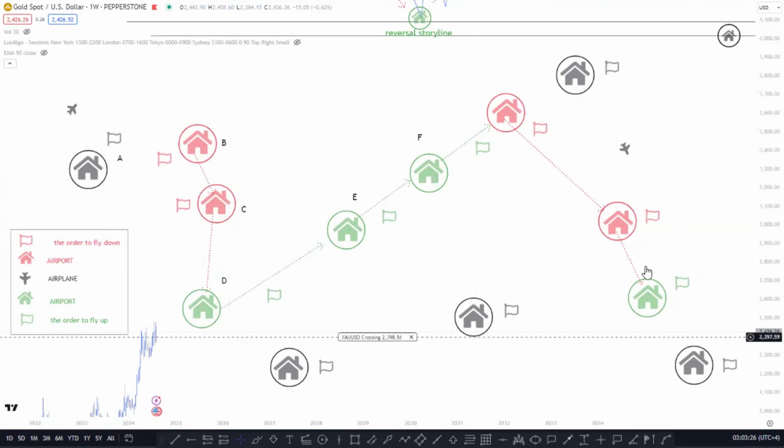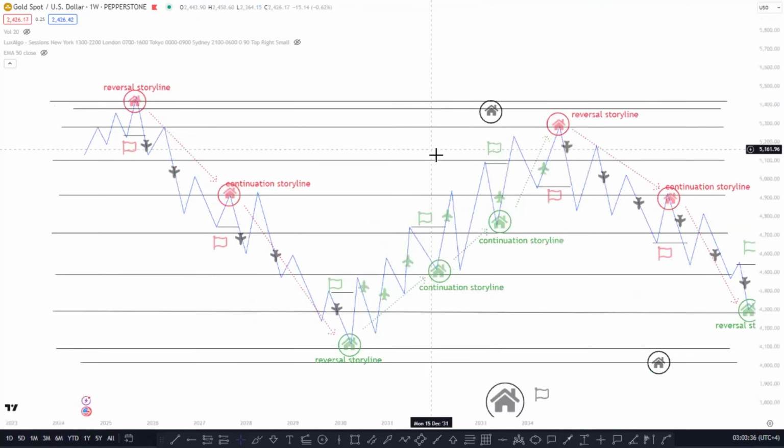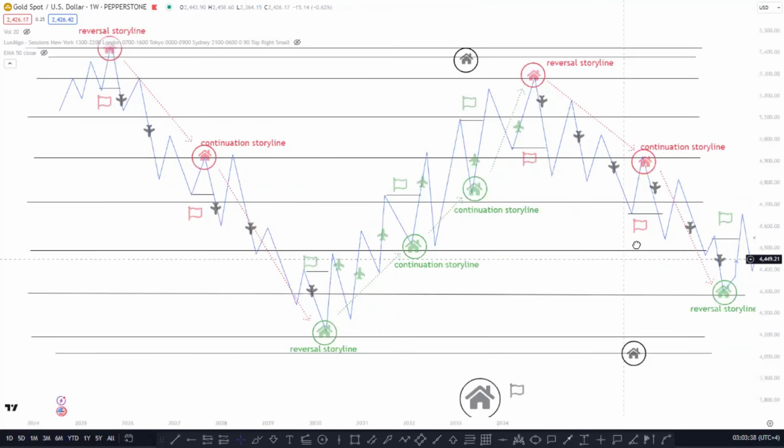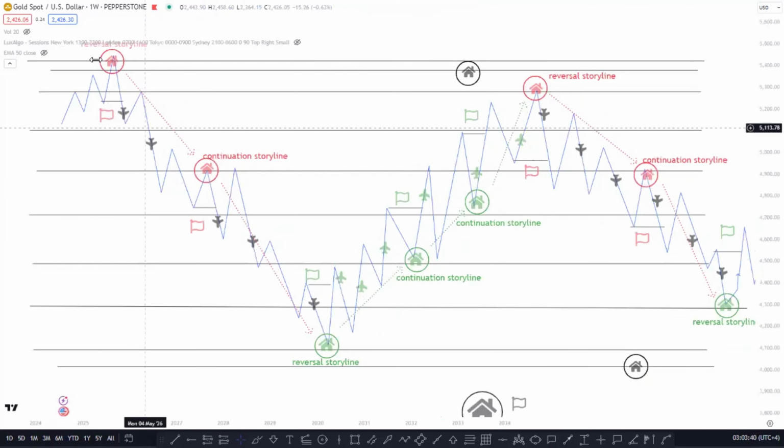So let's mix the concept of the storyline with the airplane analogy. The airports represent our fresh levels.